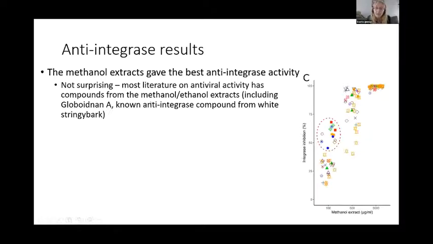This wasn't surprising for us, as in the literature, when we do a lot of drug discovery, we often find that the methanol or ethanol extracts of plant compounds tend to have the most antiviral activity. This is also where our positive control, our white stringybark, with the known antiviral compound, is found in a methanol extract. So this gave us a lot of confidence that we're getting on the right track and we're seeing compounds that have activity that other groups have seen.